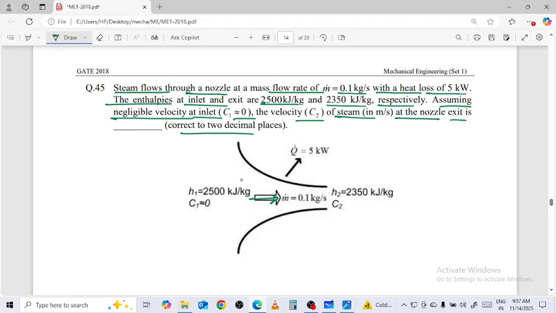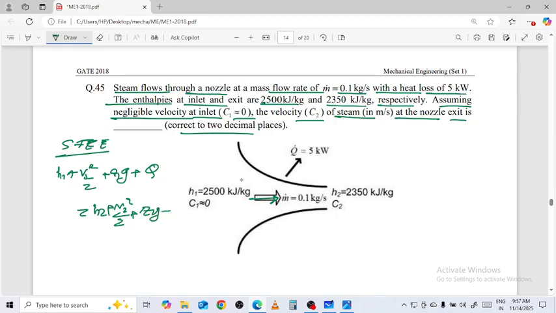Okay, so we know according to the steady flow energy equation: H1 plus V1 square by 2 plus Z1 g plus Q is equal to H2 plus V2 square by 2 plus Z2 g plus work done. Here it is horizontal, so Z1 is equal to Z2.